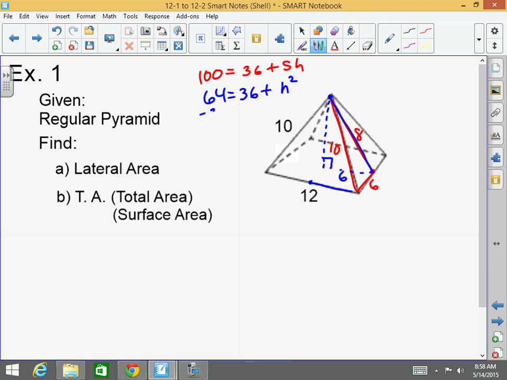So 64 minus 36, what's that, 28? 28 equals h squared, square root both sides. My height equals the square root of 4 times 7, which is 2 square root of 7. So my lateral area, which equals perimeter times height, will equal 12 times 4, which is 48, times 2 square root of 7. So that's 96 square root of 7.